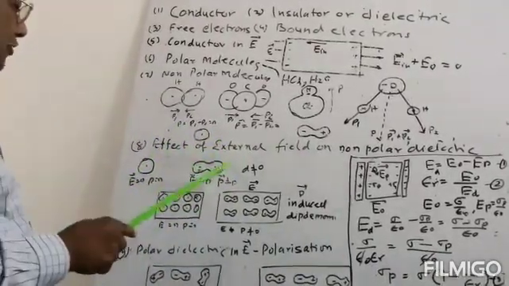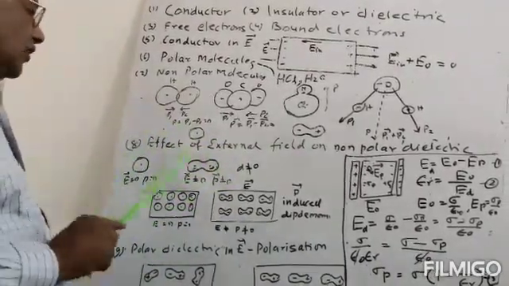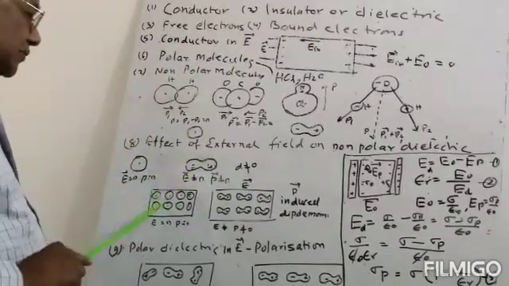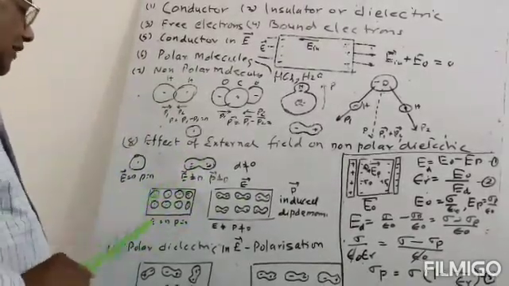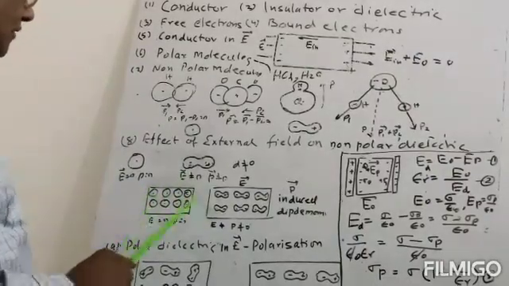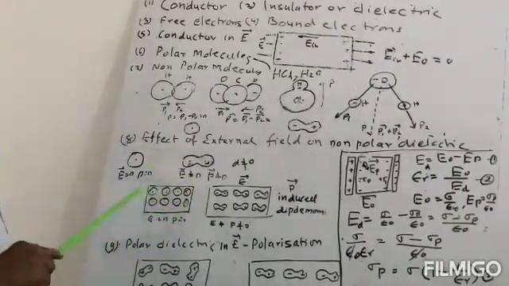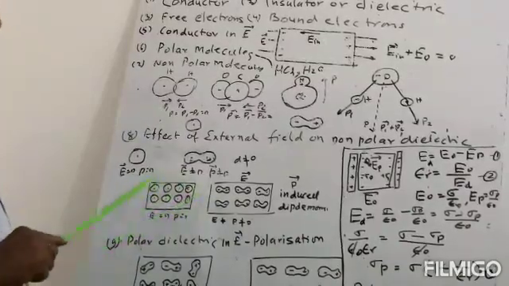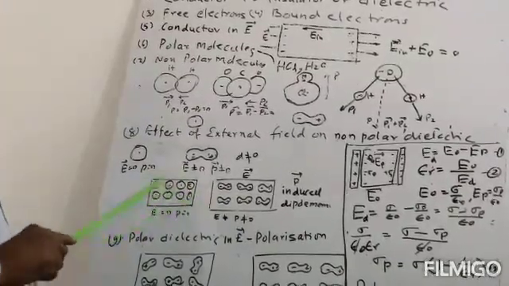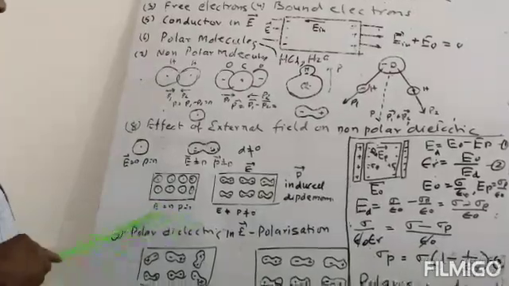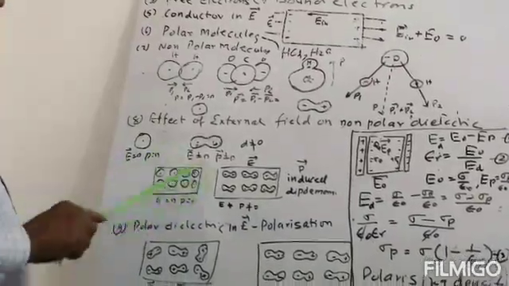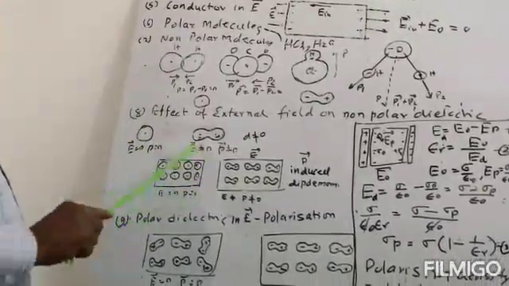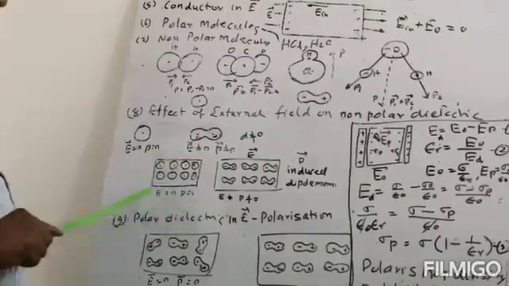This is only one molecule. Suppose this is a substance which is non-polar. There are many atoms we have considered, and the center is at 0, and if there is no electrical field, P will be equal to 0. So there will be no dipole moment when the external field is not applied.